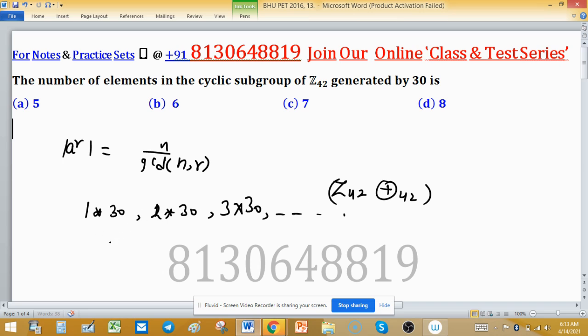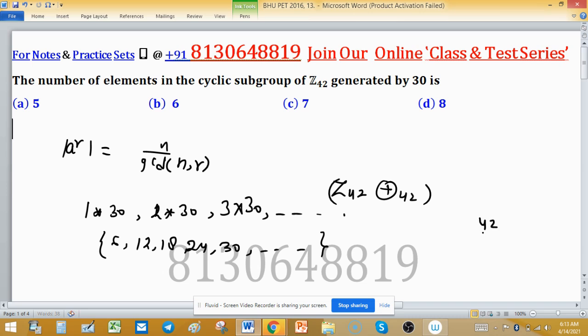It may be 6, 12, 18, 24, 30 and so on. Because this is a cyclic group of finite order, the elements in this set will be finite. By the Lagrange theorem, we know that the order of the subgroup divides the order of the group.